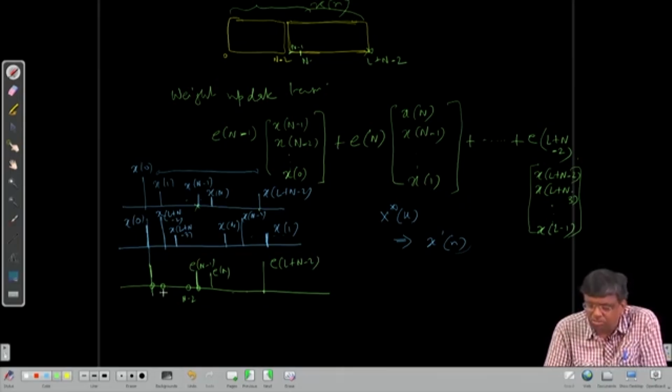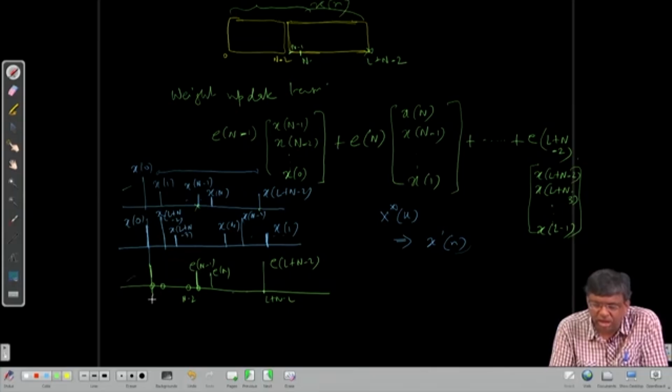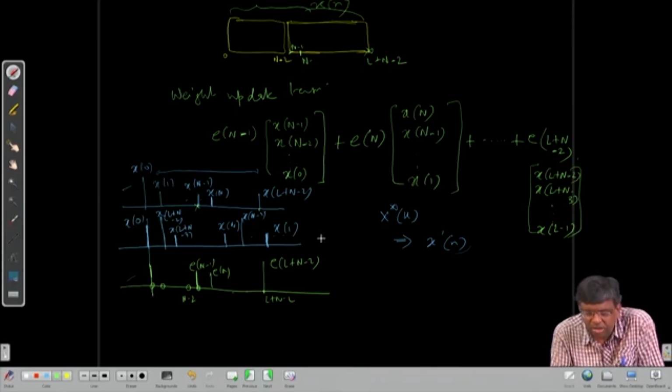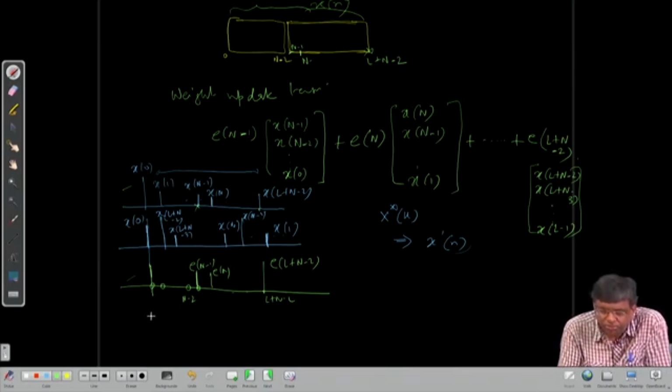To circularly convolve, what will I do? I will make a periodic version of this and flip it, and then keep moving to the right by one shift, and then within this period 0 to L plus n minus 2, take the samples here and do term by term multiplication and addition. This we have done, no need to explain again. So, if you do that, what will happen is this.